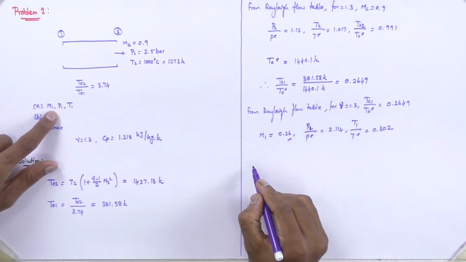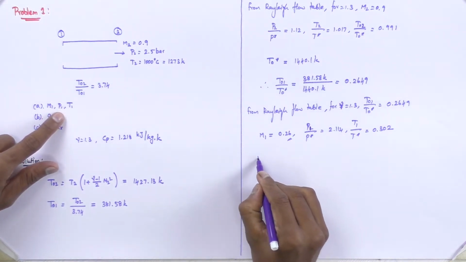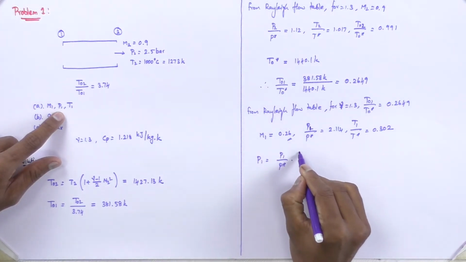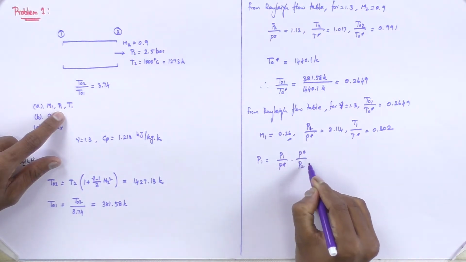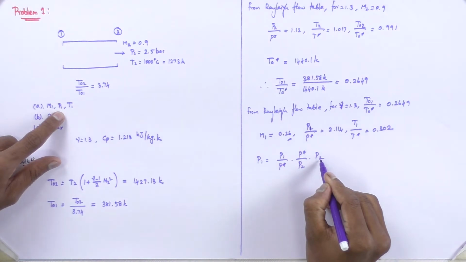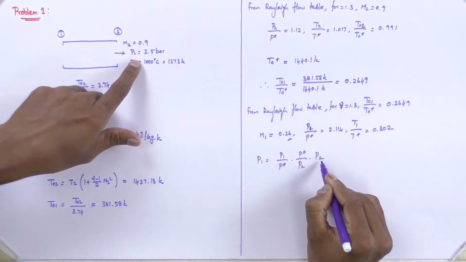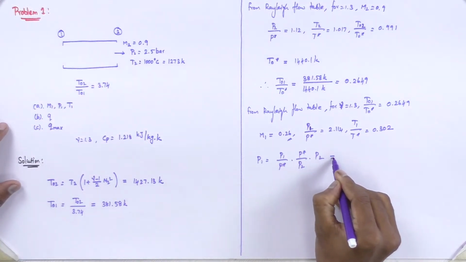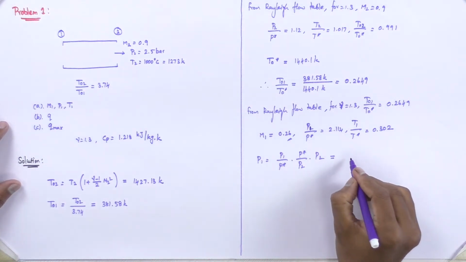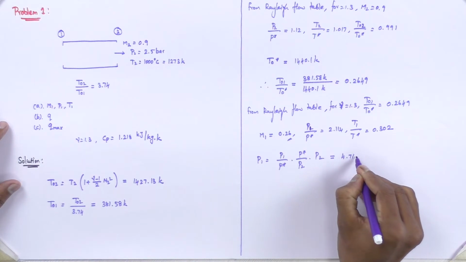So let us calculate the P1 value. Using the chain rule, it is P1 by P star into P star by P2 into P2. We know the first two ratios, and also P2, 2.5 bar. After substitution and simplification, we get 4.718 bar.